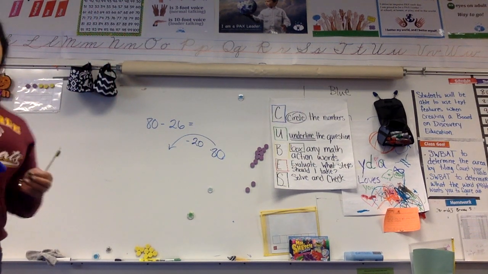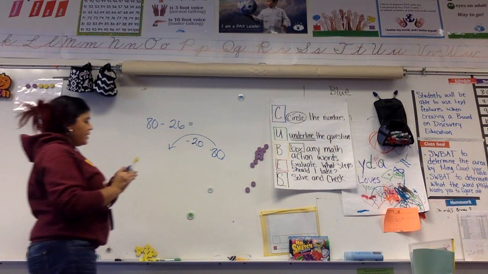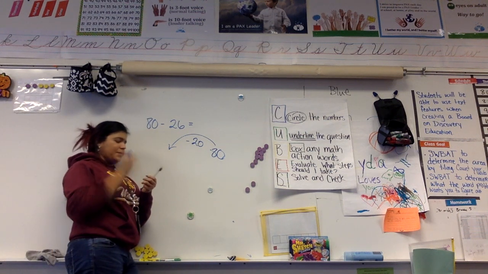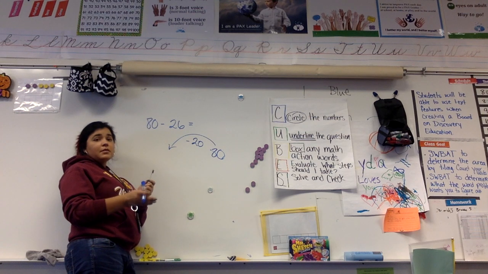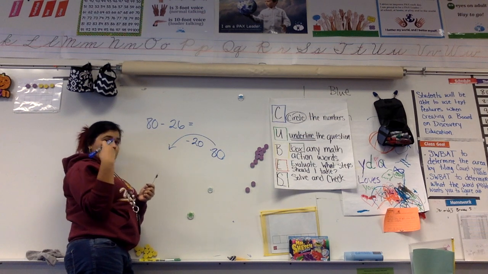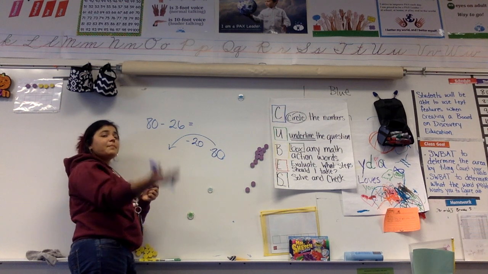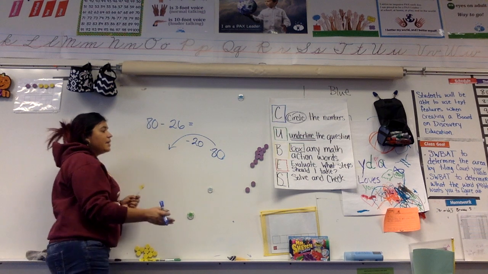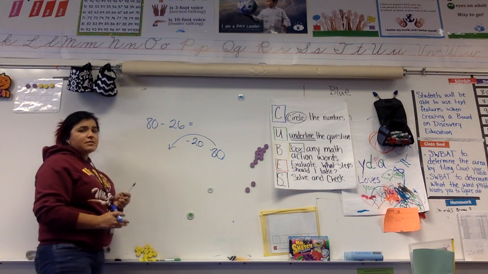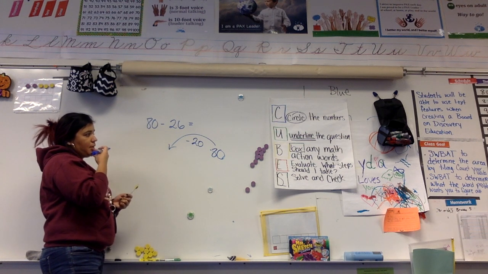Okay, Jeremiah, what did Eli say how to set this up? Put 80 and then minus 20. Okay, so he said to jump backwards 20. Okay, back 20. And then what do you think the answer is to this part? 60.